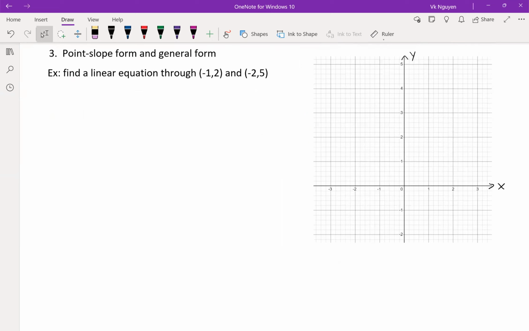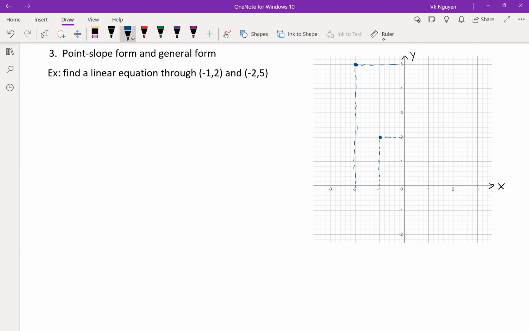Let's take a look at those two forms through an example. Find a linear equation through -1, 2 and -2, 5. We can plot them up. -1 and 2 is right here. -2 and 5 is right here. Get a ruler.